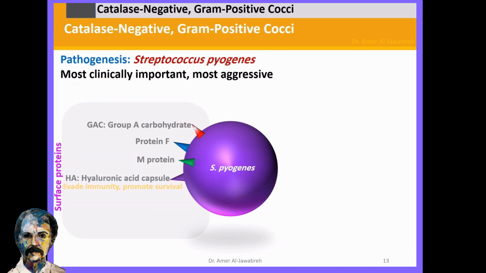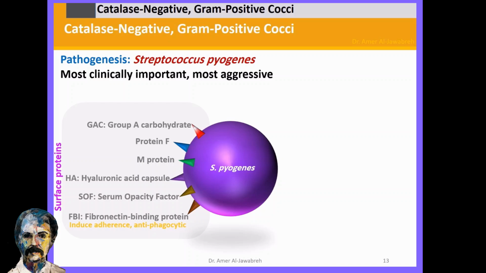Hyaluronic acid capsule, HA, evades immunity and promotes survival. SOF, serum opacity factor, invades cells. It's just for you to know. You don't have to know all of these. FBP, fibronectin binding protein, inducing adherence and anti-phagocytic. All of these are proteins that have been studied and found to cause all the functions we just mentioned.